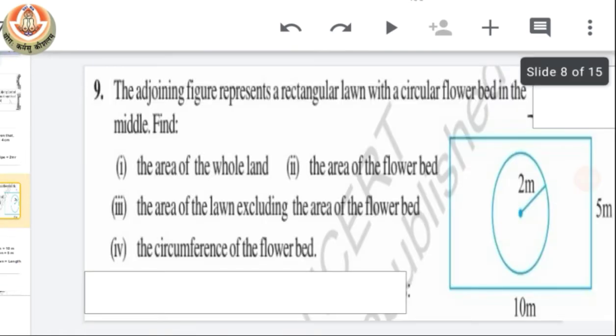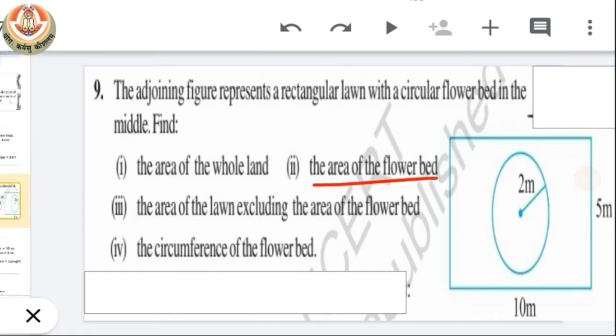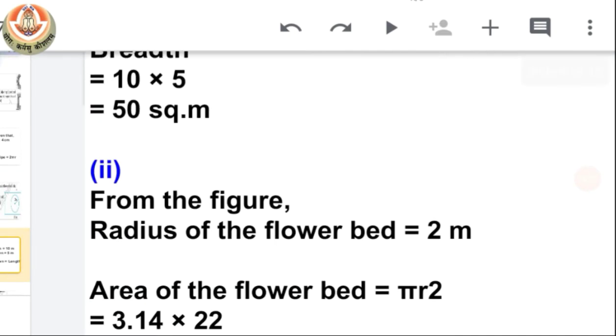Now the second part is we have to find the area of the flower bed. So you can see here that it is a circular flower bed and its radius is given as 2 meter. So its area will be, which formula we have to use? Pi r square. So you can see here the solution.